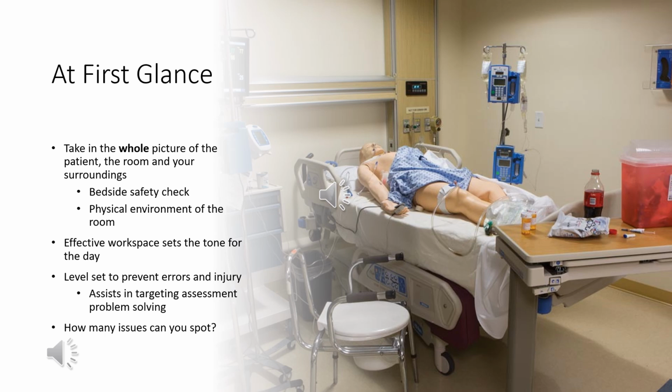Things such as checking your lines and drains, not only for correct placement, especially those ET tubes and NG tubes, to make sure that they haven't migrated, making sure that those lines are appropriately infusing to the correct medications, that the pumps are programmed to the correct rate or the rate that has been reported and ordered, making sure that the lines aren't draped over, for example, the side rail here or the commode, to prevent maybe that line becoming dislodged during turns or if that patient moves.